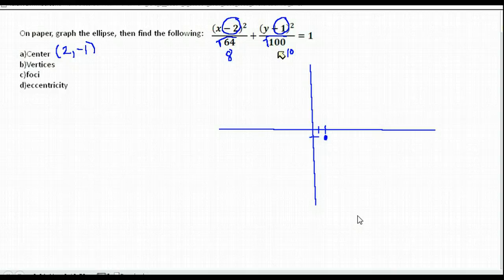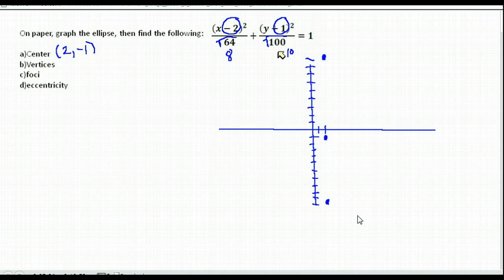Okay, so vertically, again, we're going to go up 10 and down 10 from this center. And that will give us our vertices. Okay, so there's our vertices.